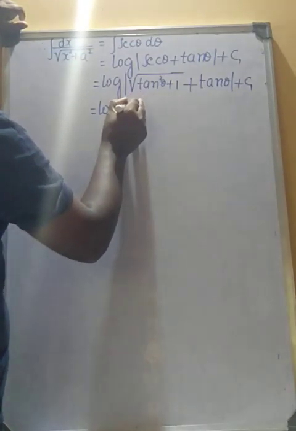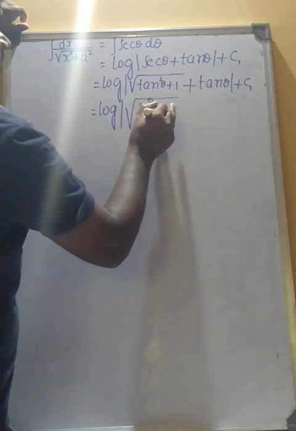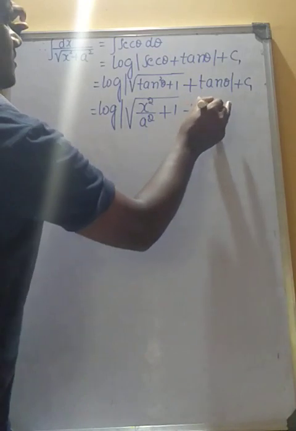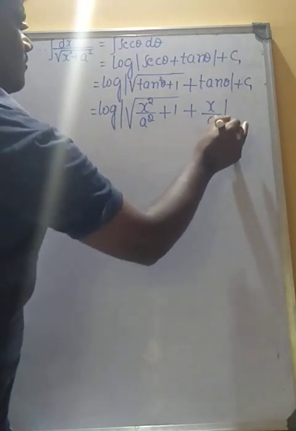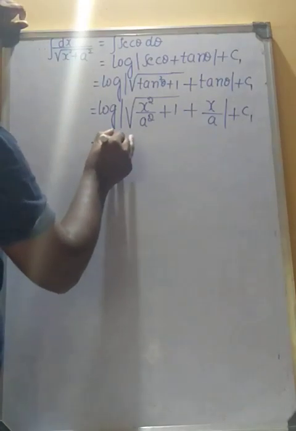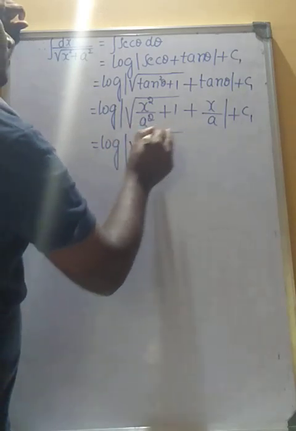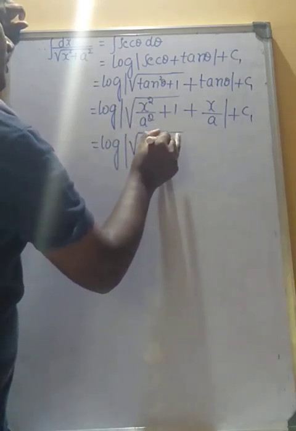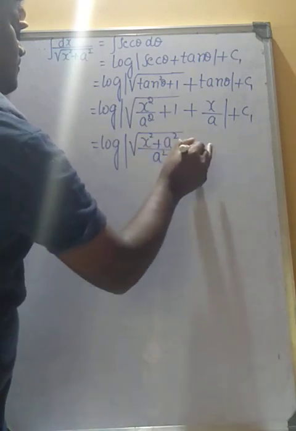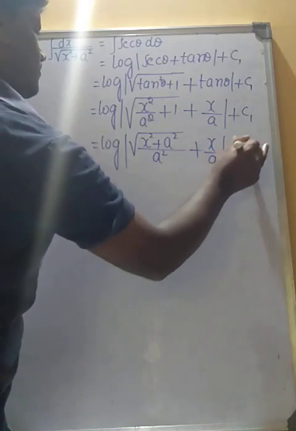Tan square theta is root of x square by a square plus 1, plus x divided by a, plus c1. That is equal to log of mod root of x square plus a square, dividing by a square, plus x by a, plus c1.